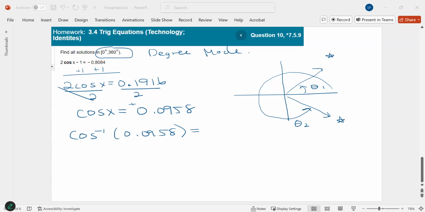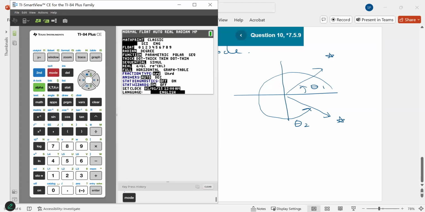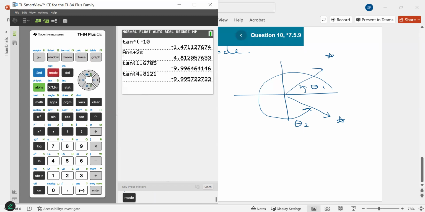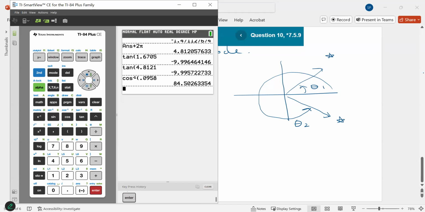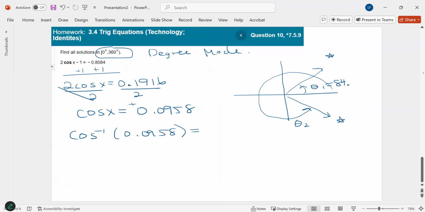First make sure that you are in degree mode. That gives us 84.50 degrees, rounding to 2 decimal places. So I know this reference angle is 84.50 degrees.